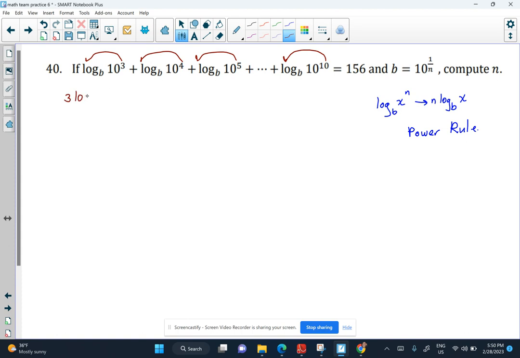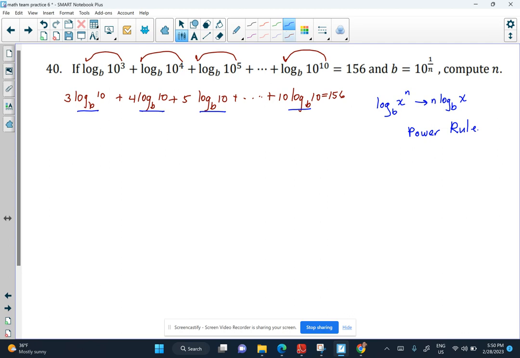So this becomes 3 log base b of 10 plus 4 log base b of 10 plus 5 log base b of 10 plus dot, dot, dot, plus 10 log base b of 10, and that has to add to 156. Now what? Well, I noticed something. I noticed that there's a common value of log base b of 10 in the left-hand side.